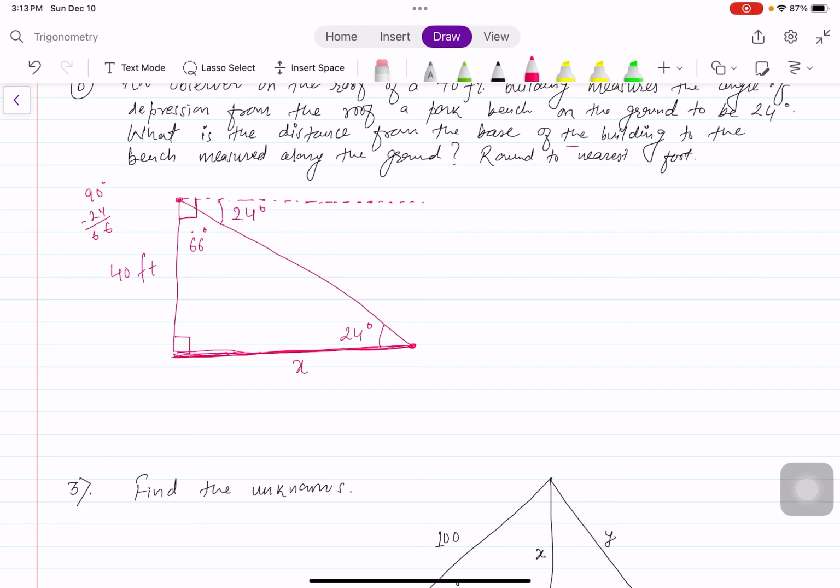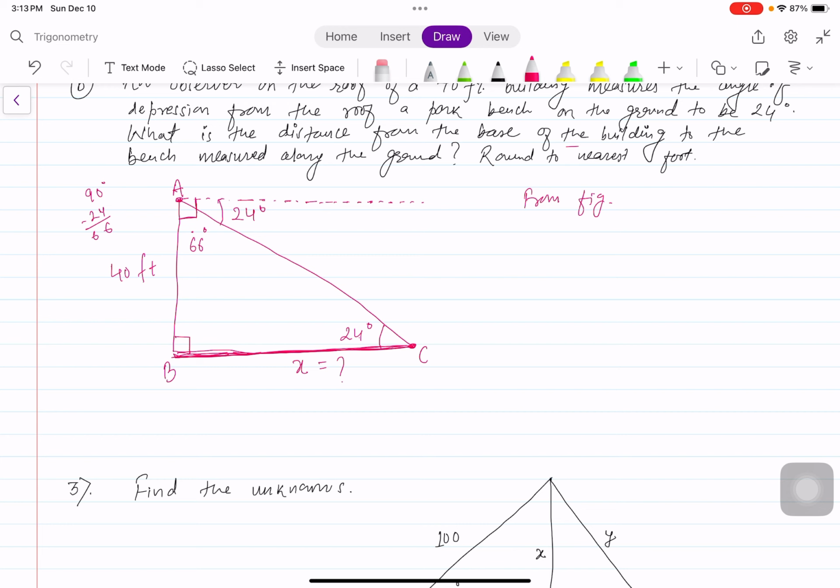Since the distance is measured along the ground, we find the horizontal distance. So let this distance be x. Considering this as triangle ABC, from the figure, this is the angle, this is the opposite side, and we are trying to find the adjacent side. What relation is going to be helpful?